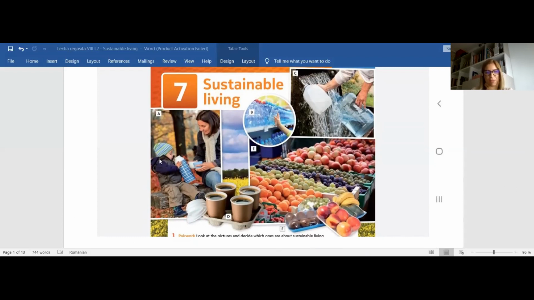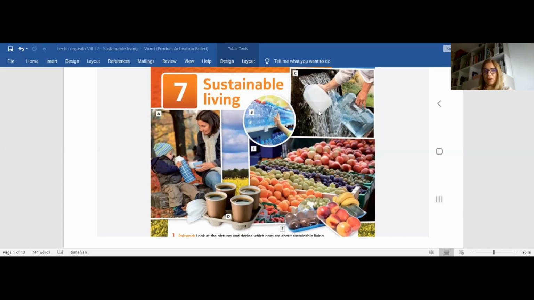As you can see, pictures A and C have a similarity. They show people who are reusing some old containers, like the lady who is reusing an old thermos flask, or the man who is reusing these old plastic bottles to refill his water supply.